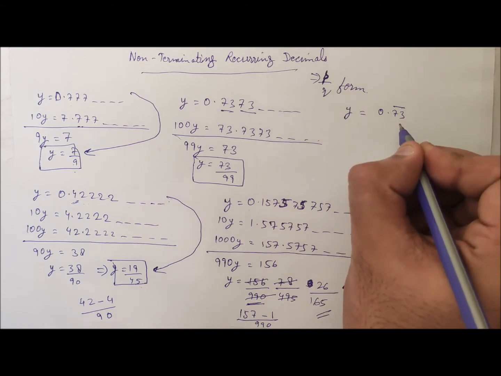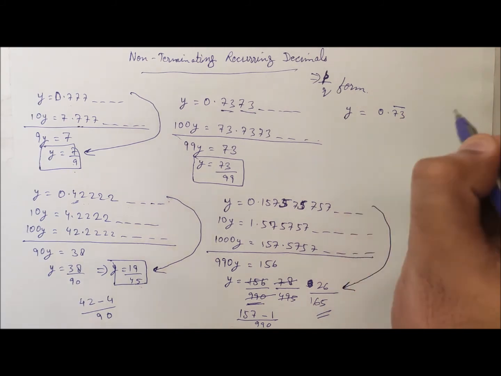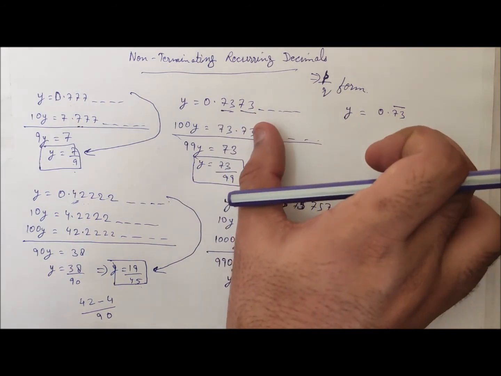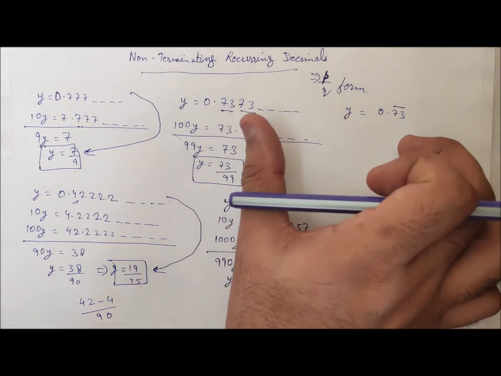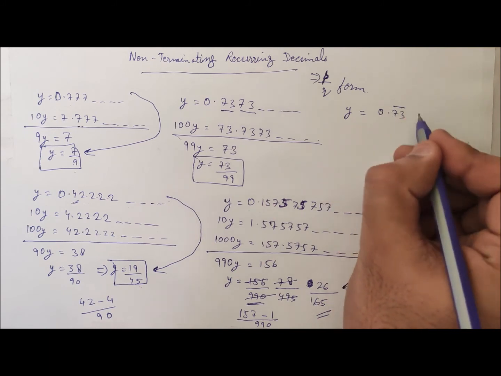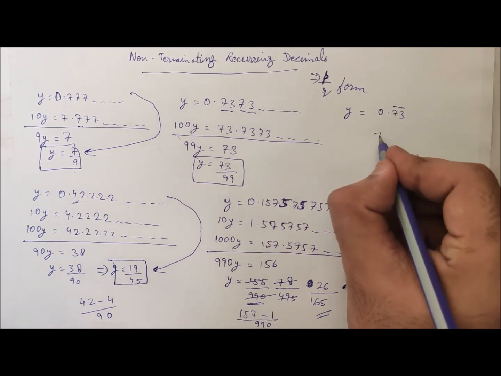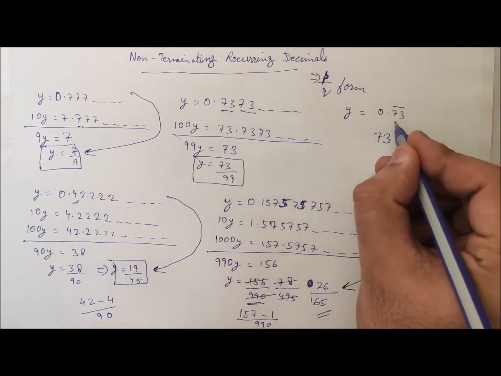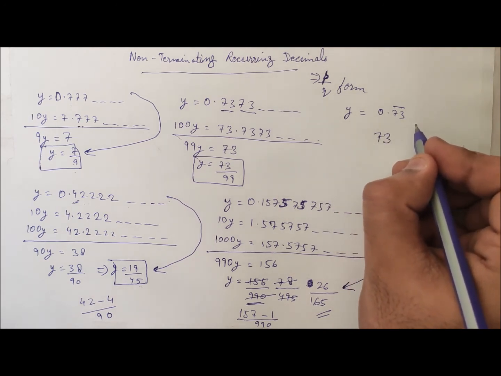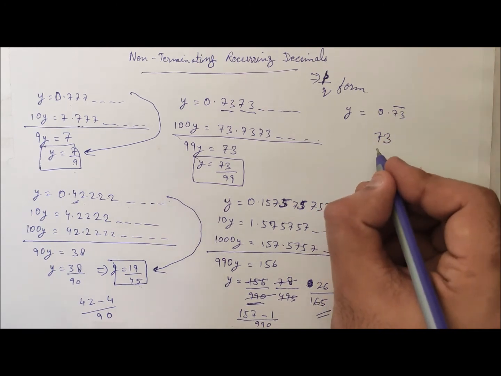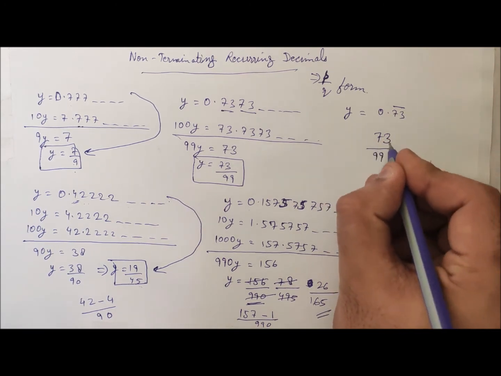It means 737373 is being repeated over and over again. So these are two representations of the same type of question. Now to convert this into p by q form, I have 73, so I'll write 73 in the numerator, and since 2 digits are being repeated, with the bar on top of 2 digits, I'll write 99 in the denominator.